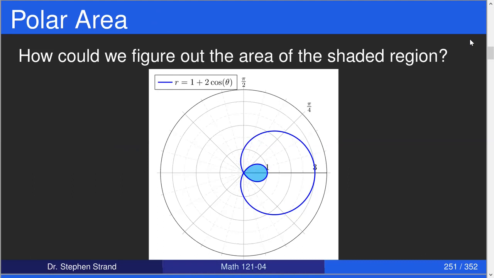Here I've graphed the function r equals 1 plus 2 cosine theta using polar coordinates. That means for any angle that you give me, like following this line here, this angle here, if we plug that into this function, it tells us how far away from the origin we are.